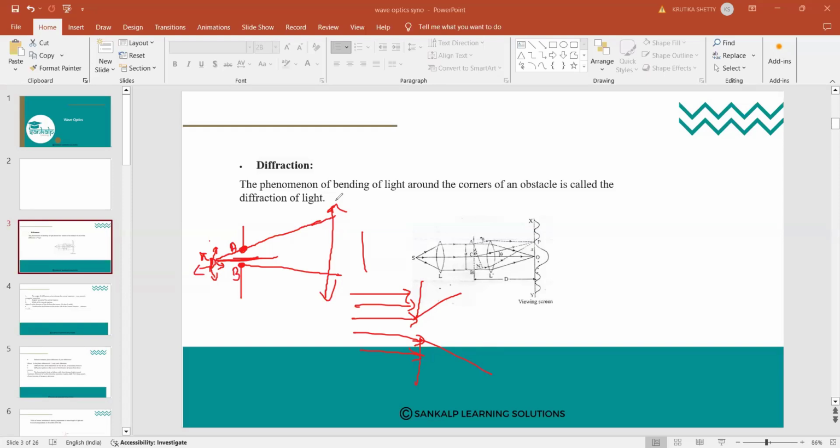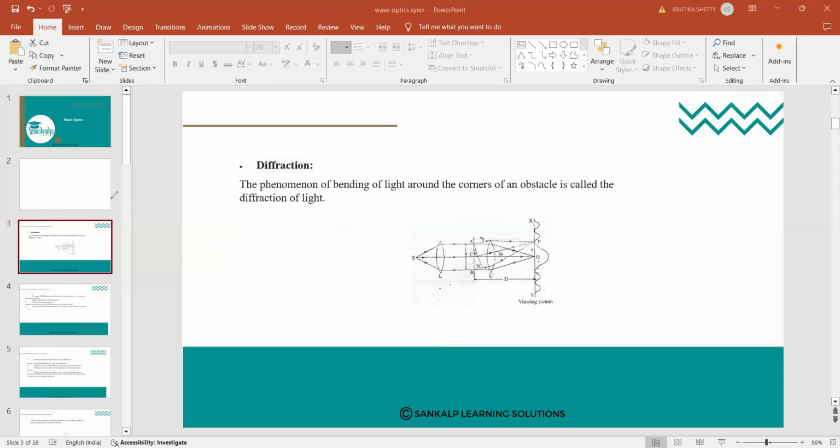Okay. So here, next, whatever figure you are observing, or else we can give some examples for the diffraction of light. The first example: suppose you are holding two shaving blades in your hand.